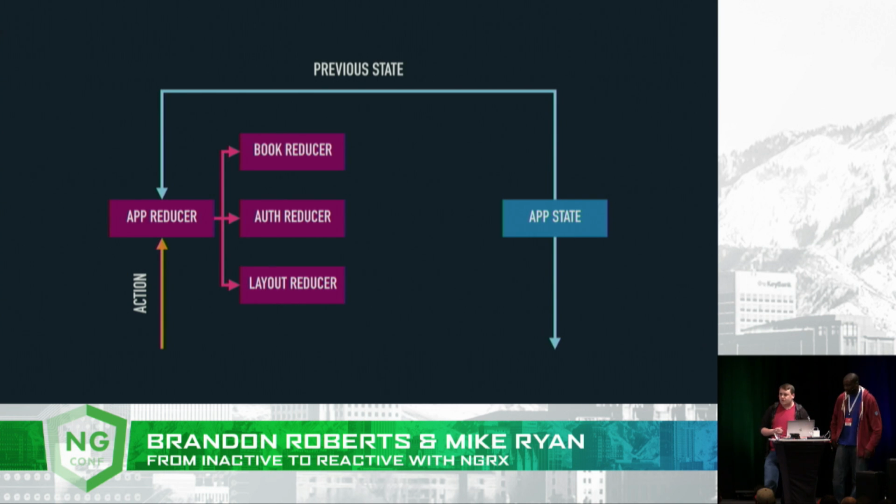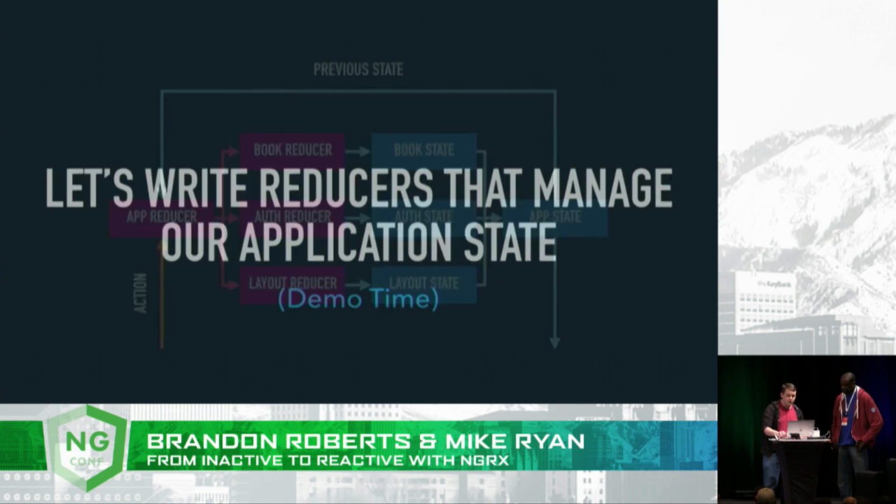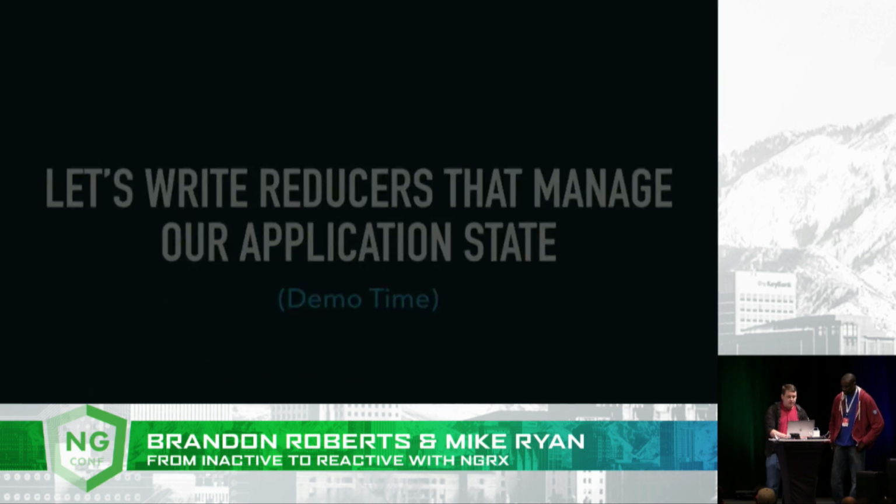So today, we're just going to do the book reducer, but as we might expand this to add authentication and layout in the future, we could add new reducers to manage their own individual slices of state. And you can think of these sort of like tables in a database. So when they create their state, they're going to be aggregated into one large state object called the application state. So let's go ahead and write that book reducer and get it registered with ngrx store.